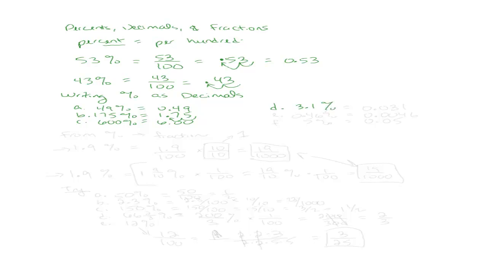What about 3.1% as the decimal? The decimal point used to be over here, and all I did was move it to the left twice. So it ended up there. Then 0.46% and 5%.